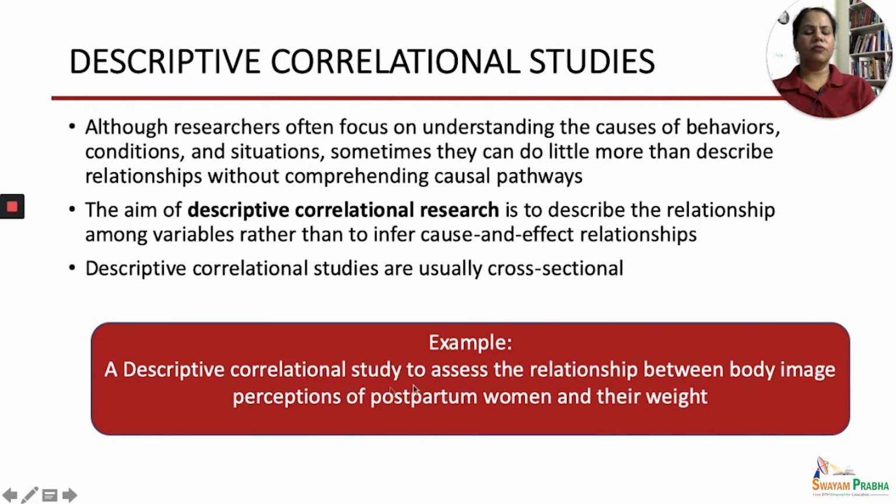Here the researchers will study and describe the body image perception of the postpartum women, and they will also describe the weight, and then they will describe the relationship between the body image and the weight of the postpartum women.